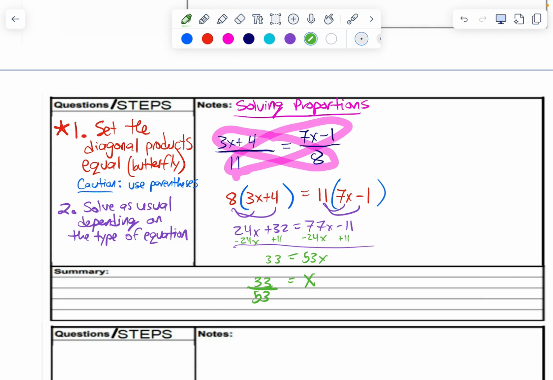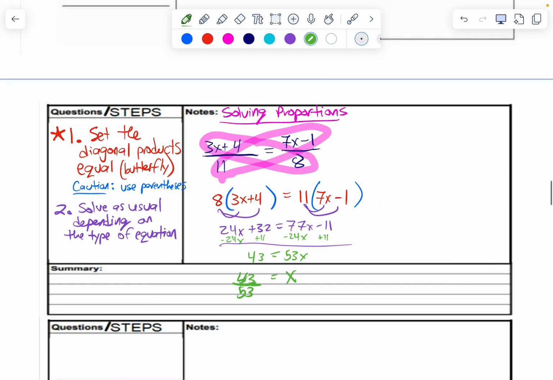No, 33 is... Oh, sorry. 43, thank you. 43 over 53. So you can see that once you set it up, you're okay. The setup is going to be a lot of our focus. Any questions on how to solve these?